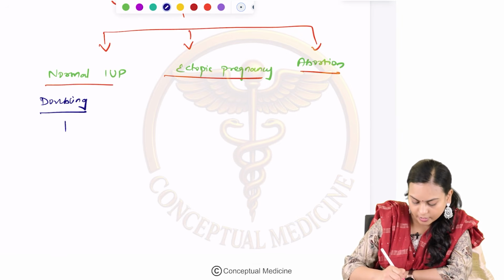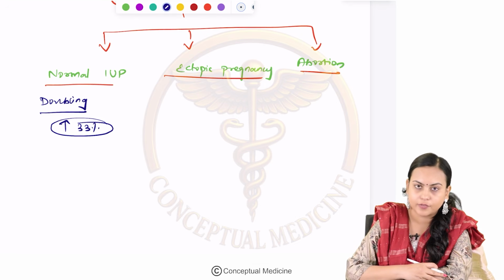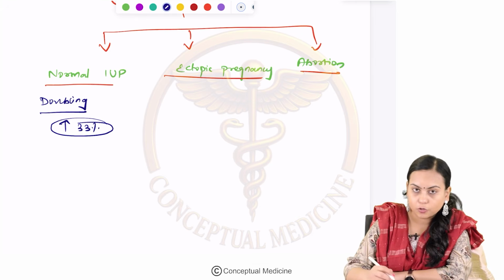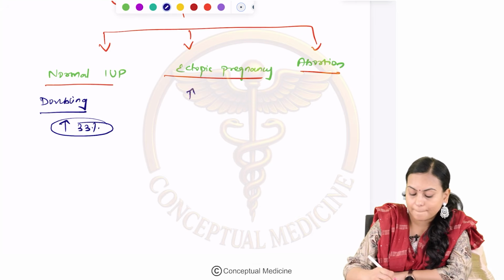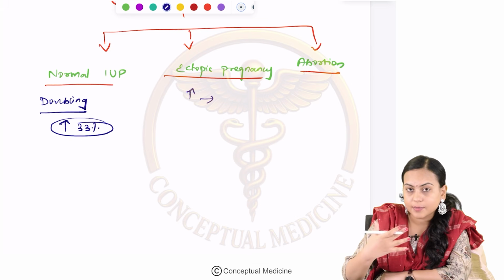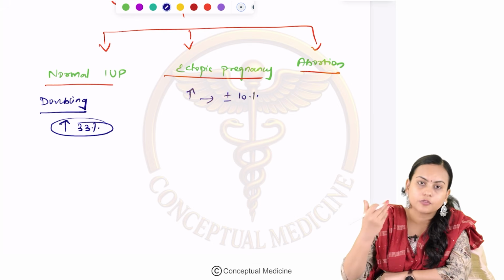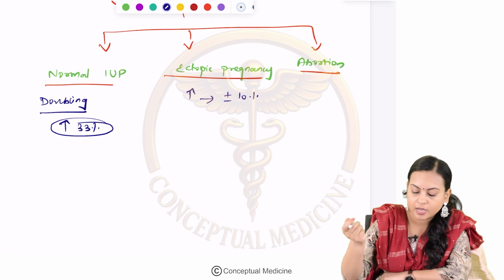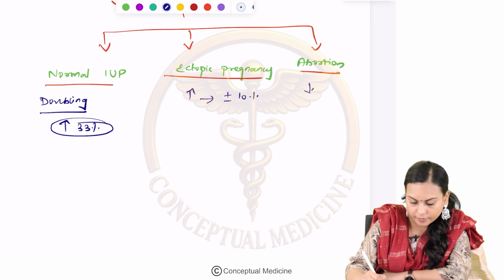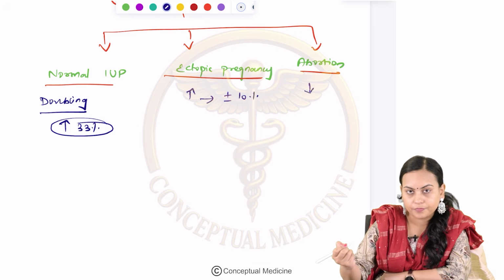Already I told you that there will be a 33% increase in HCG values. And in ectopic pregnancy, the values are certainly going to increase, but not as much as 33%. Okay, it will be plus or minus 10% of the previous value. Okay, and in abortion, the values will be decreasing.